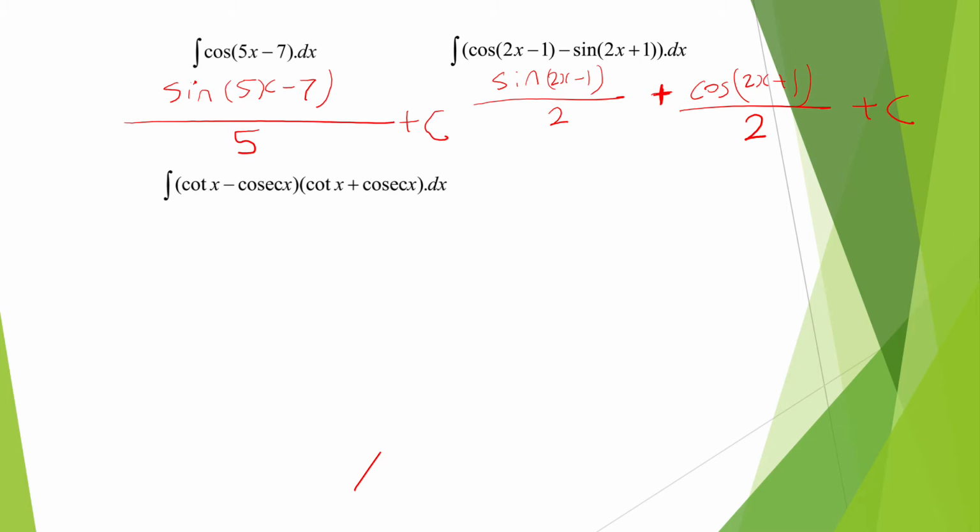Over here, as you know, we don't have a power rule or a product rule, so therefore we're going to expand. So we're going to expand this one here. So we have cot square x minus cosec, I have spelled it wrong.